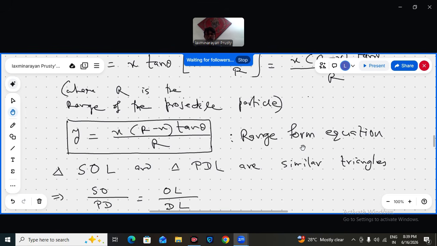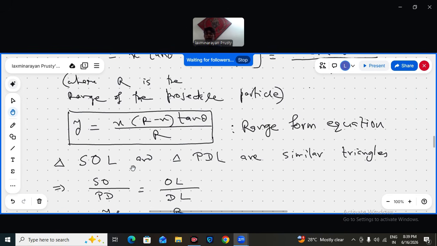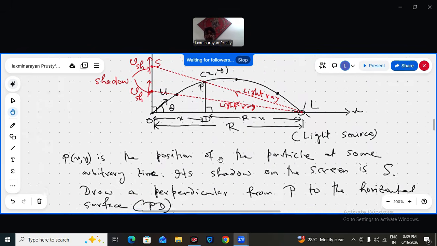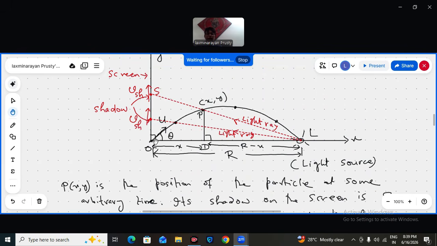Very useful equation. So there are two triangles now, SOL and PDL. The two triangles are similar triangles, 90 degree, 90 degree.